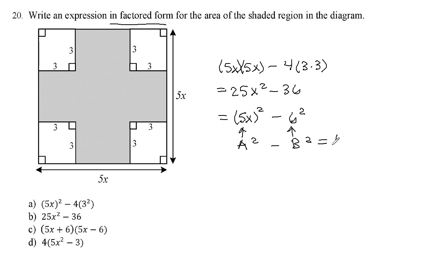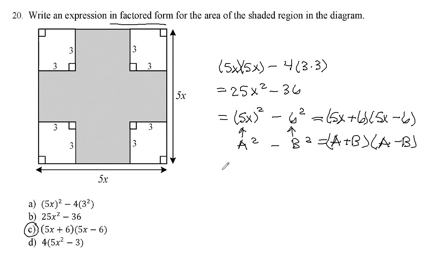And remember that this factors as a plus b times a minus b. So wherever there's an a, we plug in 5x. Where there's a b, we put in 6. So this will be 5x plus 6 and 5x minus 6. And that is choice C.